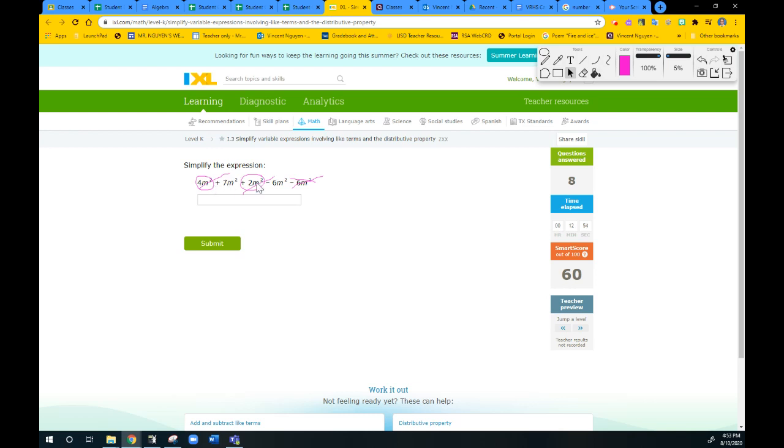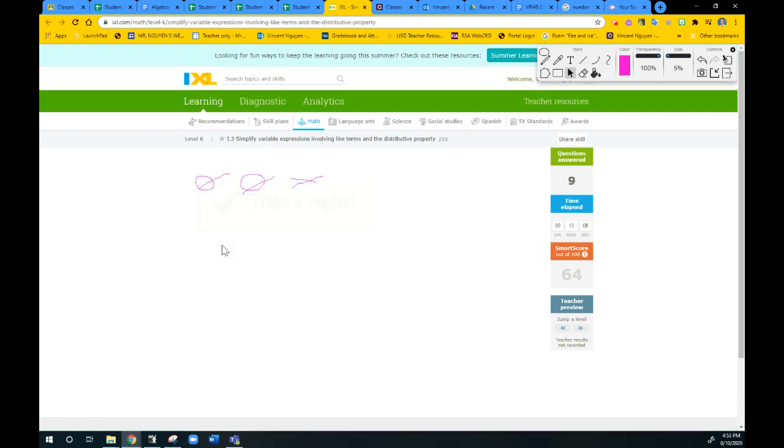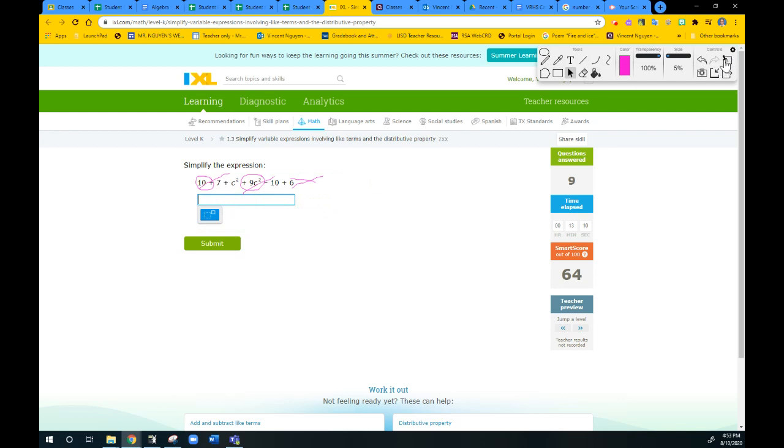What's 7 squared take away 6 squared? Well, it's 1 squared. So I'm going to type in 1m squared. Not 1 squared, 1m squared. Oops, I have to hit this button and then square. Submit. Awesome.